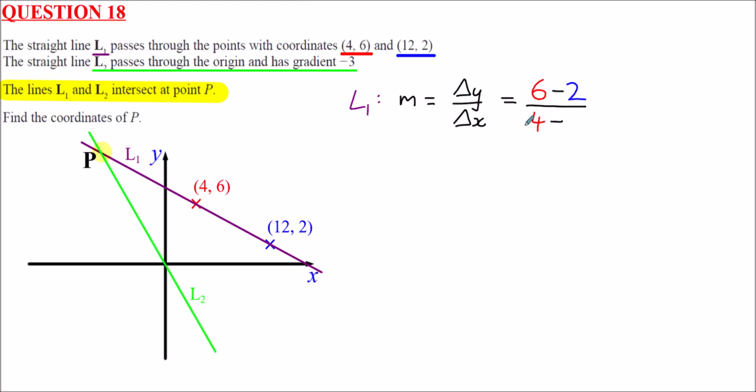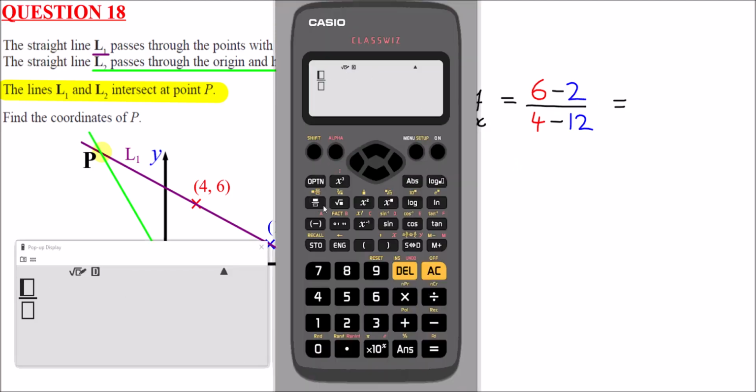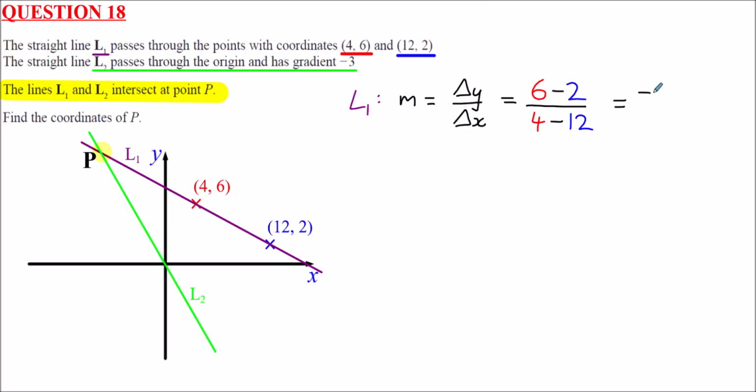Normally I'd say this might be done without a calculator, but because it is a calculator paper, let's just use the calculator so we don't have any chance of making any errors with these negative numbers. So just type in the numbers exactly as they appear. So 6 minus 2, all over 4 minus 12, press equals, and we get minus a half.